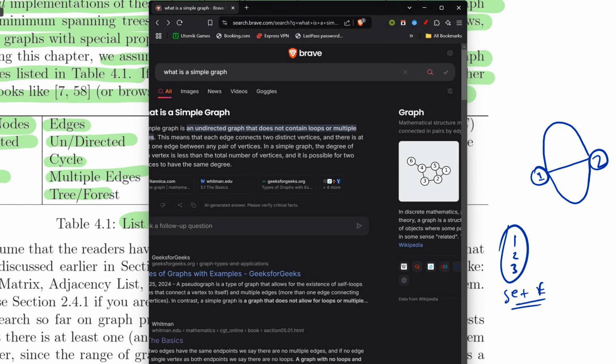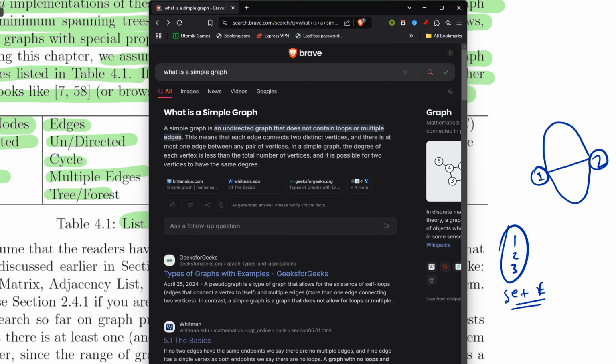Like no multiple edges, only single edges. Each edge connects. There is at most one edge between any pair of vertices.